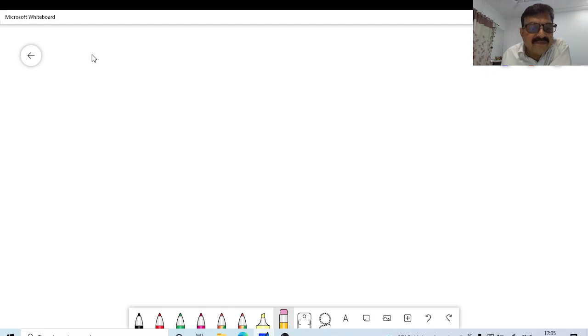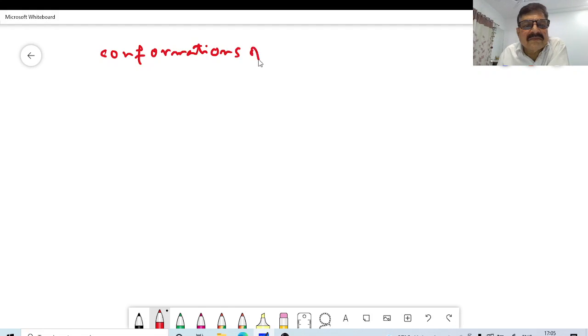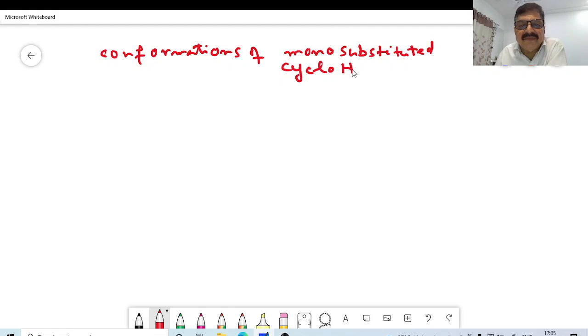Conformations of monosubstituted cyclohexanes, monosubstituted means only one substituent. Okay, we will see conformation of methyl cyclohexane.